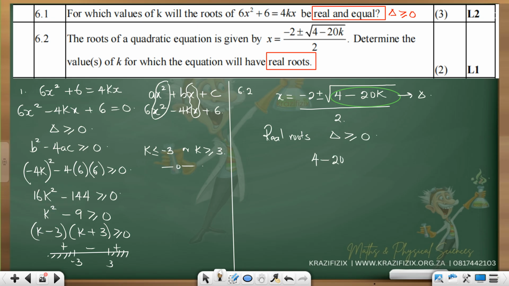So 4, do you see where they were hiding that? Minus 20K, negative 4. Let's divide by negative 20. Your inequality sign changes. Did that make sense? We don't need the whole equation.